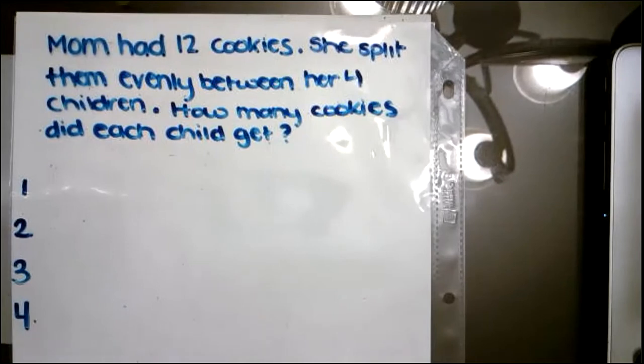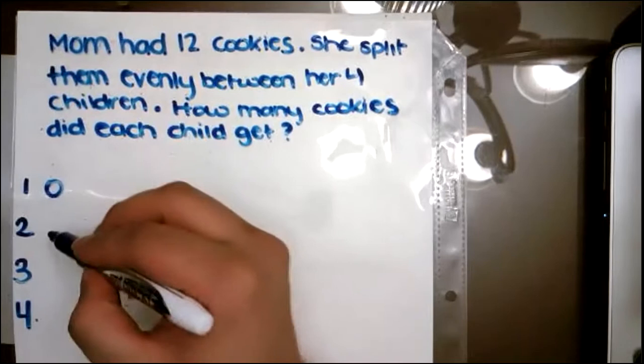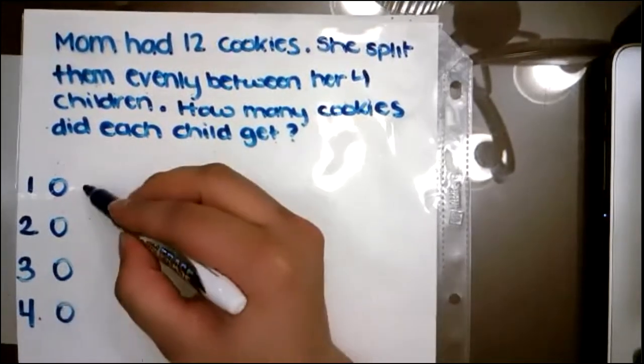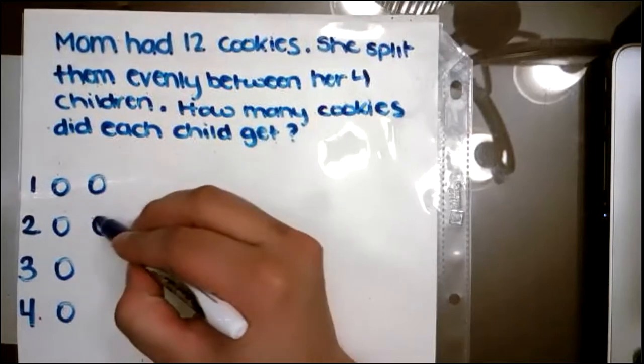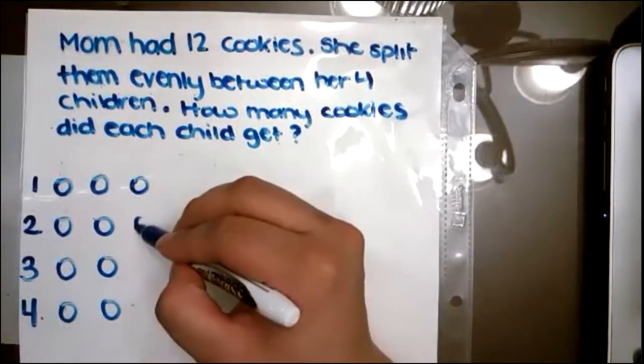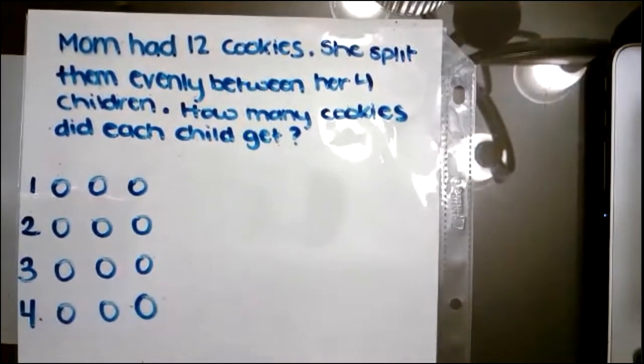Now I would draw 1 cookie in each row until I have 12 cookies in all. So I'm going to draw circles for my cookies. 1, 2, 3, 4, 5, 6, 7, 8, 9, 10, 11, 12.